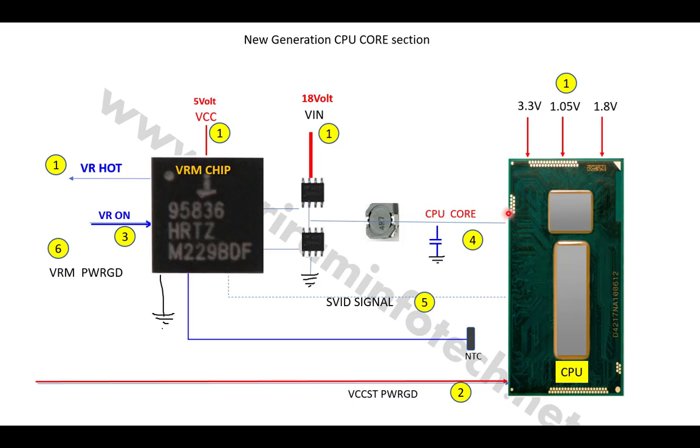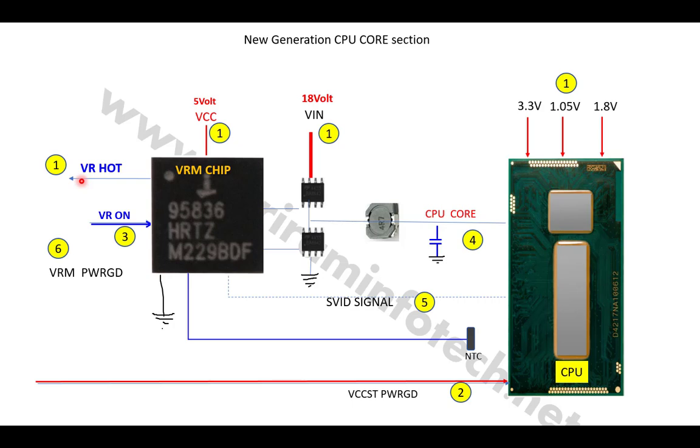So this is the basic idea of the NTC. If the temperature is high, the VR hot signal will be 0 volt. And if the VR hot output signal is 1 volt, then the temperature is normal. So you have to make sure the VR hot signal is coming. It's supposed to be 1 volt at normal temperature.